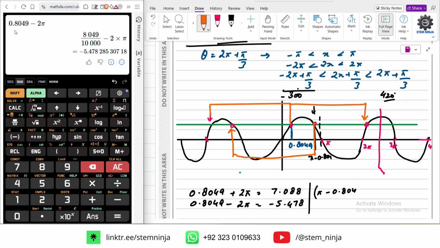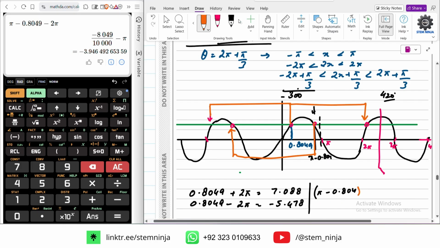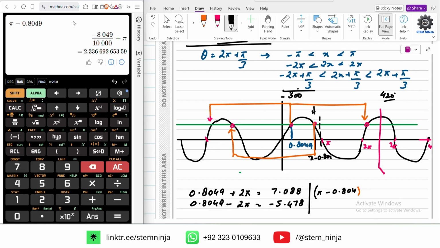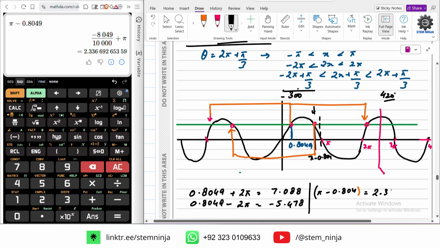So you have pi minus this minus 2 pi. First we need this one. You have 2.337. We also have the original 0.8049, and then you have pi minus 0.804 minus 2 pi.